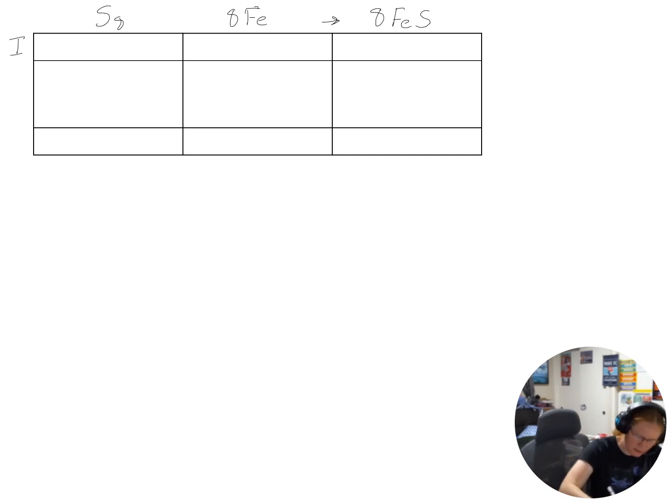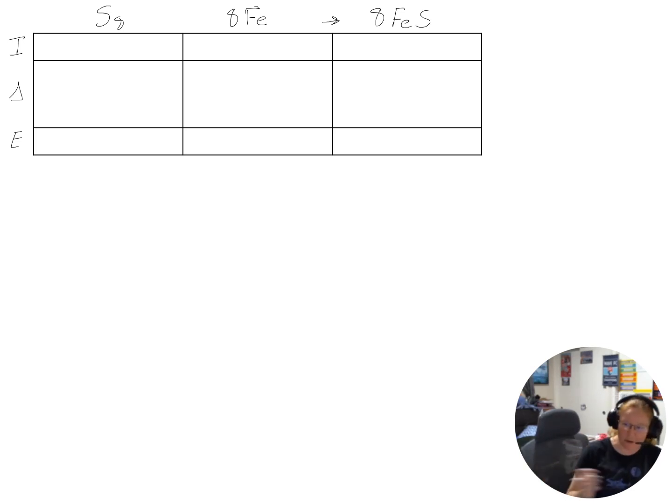So I have my initial, I have my change, and I have my end. I still write my change line with a delta instead of a C, because delta also means change. That's the way I learned it when I was a student 25-ish plus years ago. So I still use the delta because that's the way I was trained. If you write a C, it's perfectly fine.